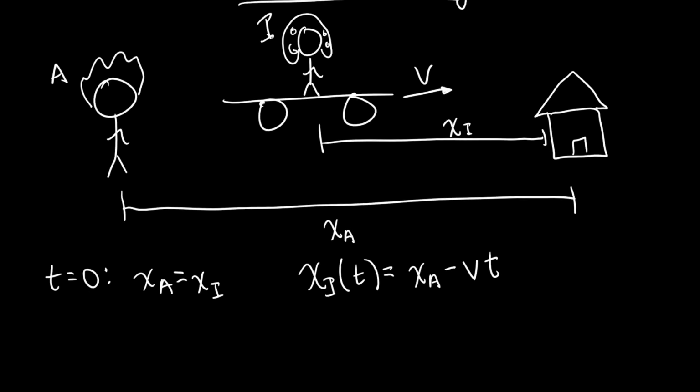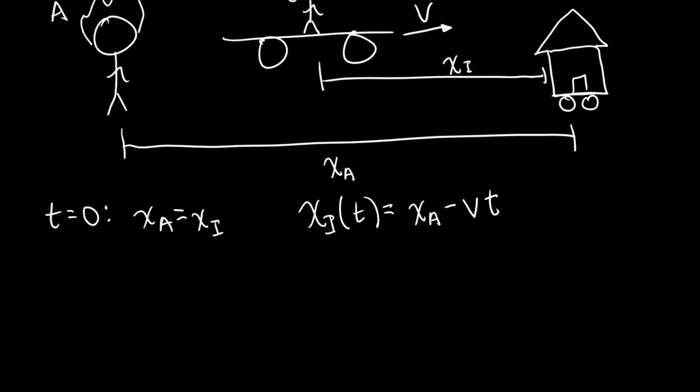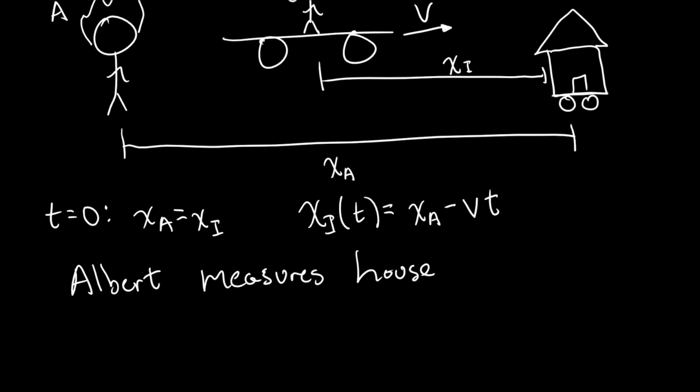So now, let's say that this house is on wheels, and the house is now moving in Albert's frame. So I'll say that Albert measures the house moving at a velocity VA.